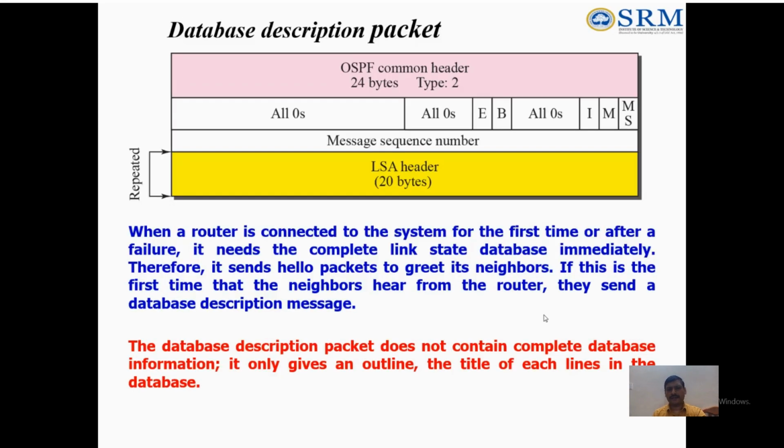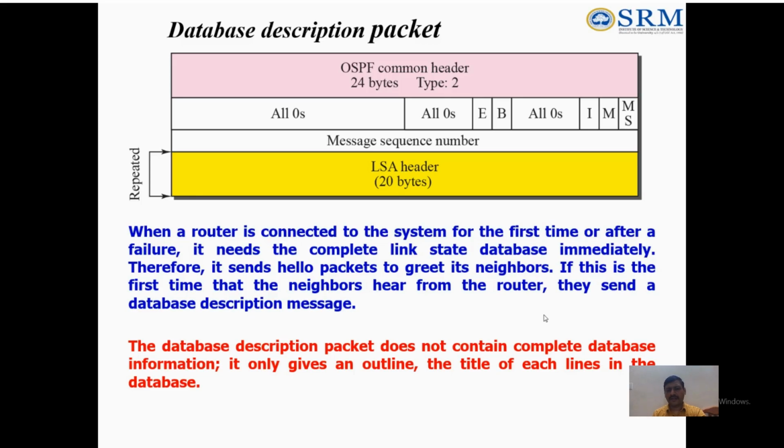Database description packet. It also has the OSPF common header. It's of type 2, all zeros, E, B bits, message sequence number, and LSA header. When a router is connected to a system for the first time or after a failure, it needs to complete its link state database immediately. Therefore, it sends a hello packet to greet its neighbor.